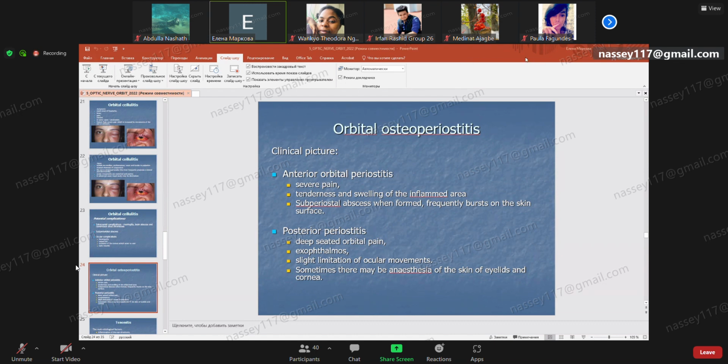Posterior periostitis is characterized by deep-seated orbital pain, exophthalmos, which means displacement of the eye outward, and a slight limitation of ocular movements. Sometimes there may be anesthesia of the skin of the eyelids and cornea.